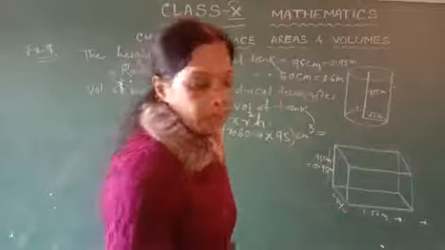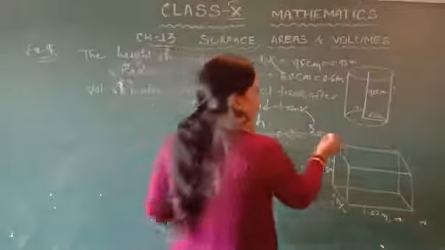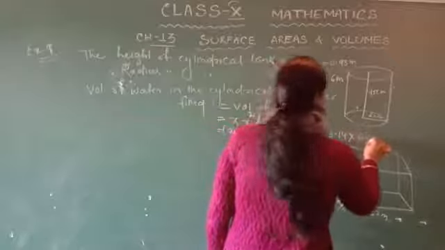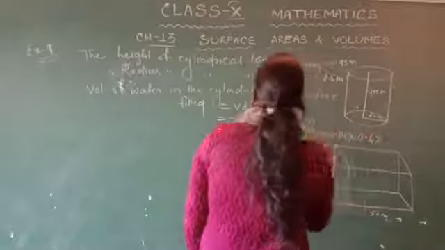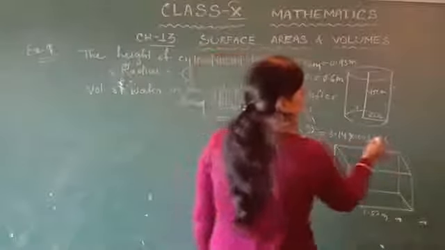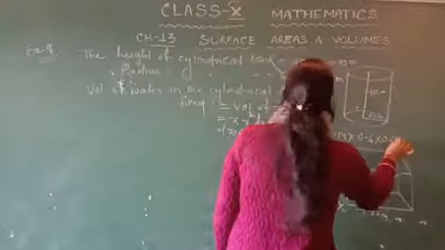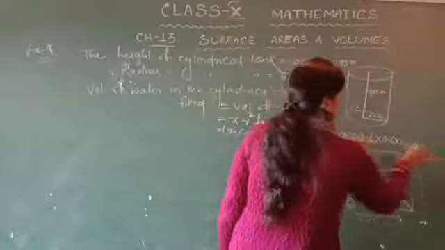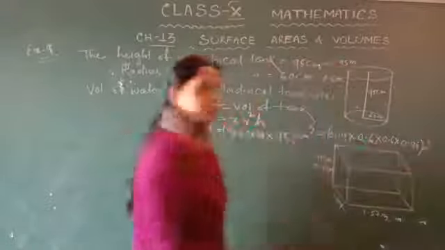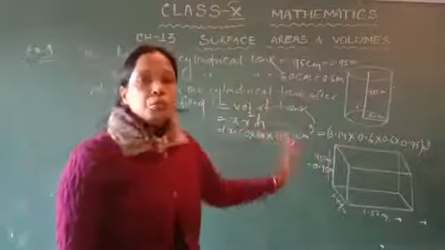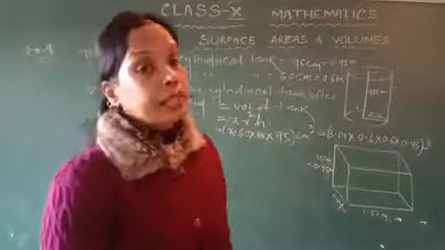Then we write pi value 3.14 into 0.6 into 0.6, that is r square, into 0.95 meter cube. So this is the volume of the water inside the cylindrical tank.